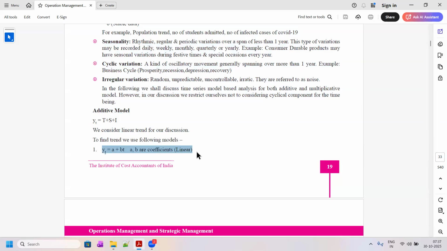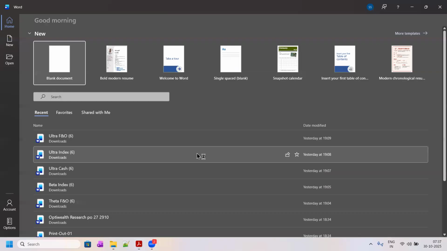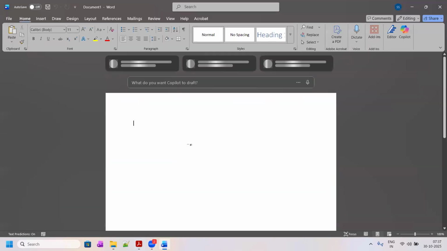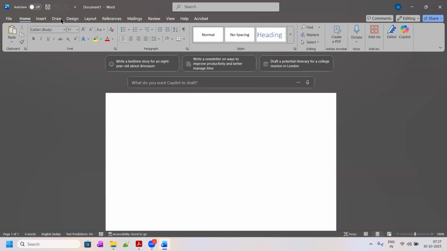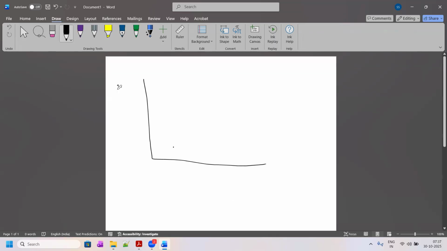Linear means what? Straight line. These are all mathematical models you have studied for regression in statistics. So basically when you are trying to study a behavior where the relationship is a straight line, it is called a linear relationship.